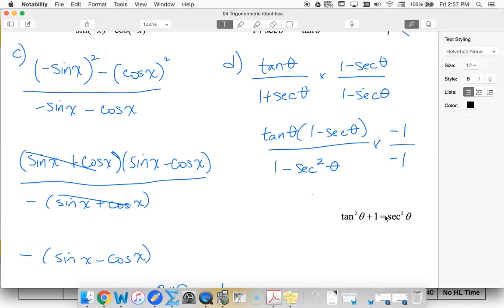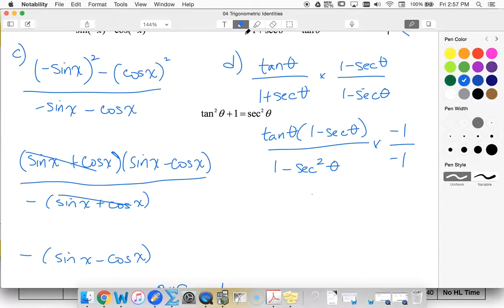So if we take this and move it out of our way again. All right. So I have my identity in the bottom. I'm going to replace that with tan squared. And then that's really nice because my tans cancel.